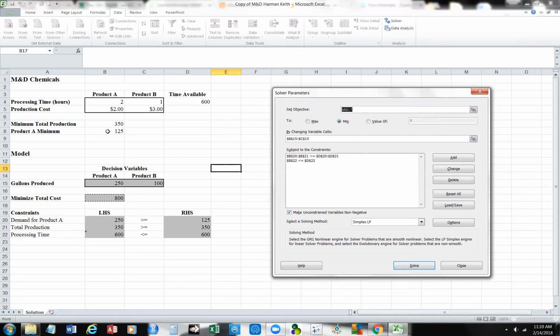So we want to find the lowest total cost. Okay, we want to minimize that, and we have constraints in terms of how much product we're going to make. Now, if you look up here at this matrix, you're going to see that expressed. And then if you look down here to the constraints, you're going to see the constraints B20 and 21.